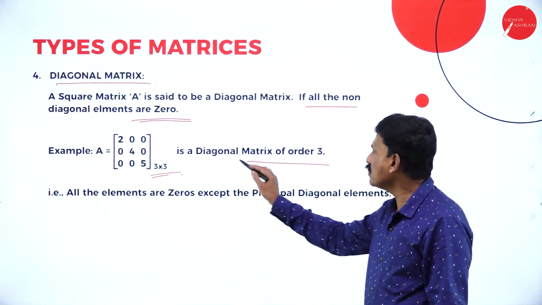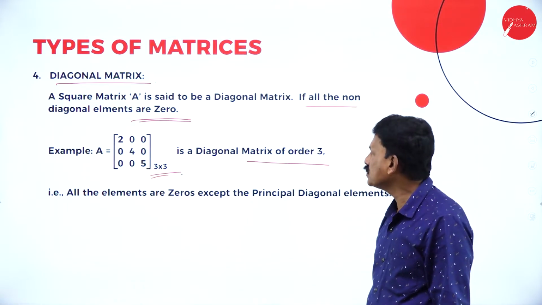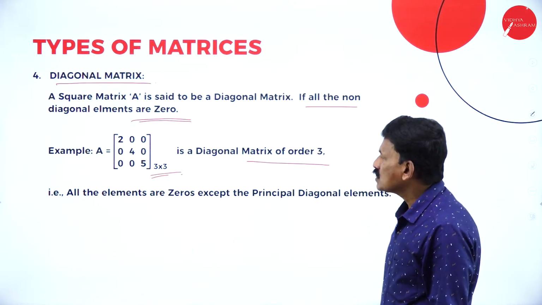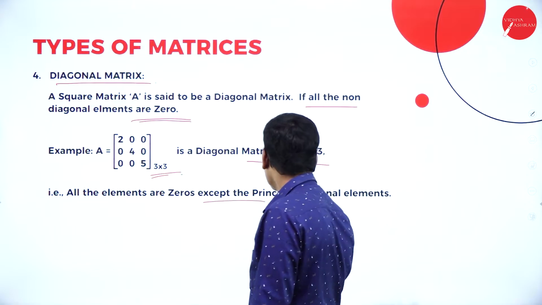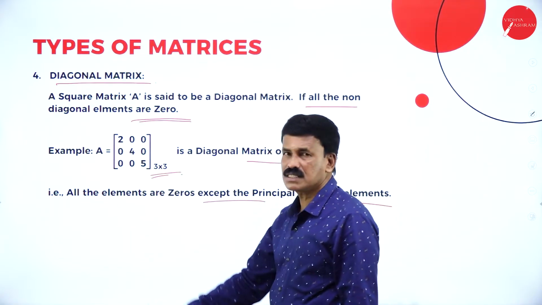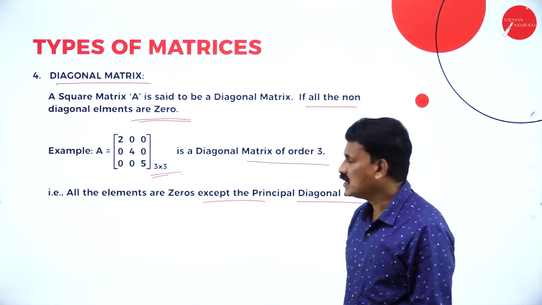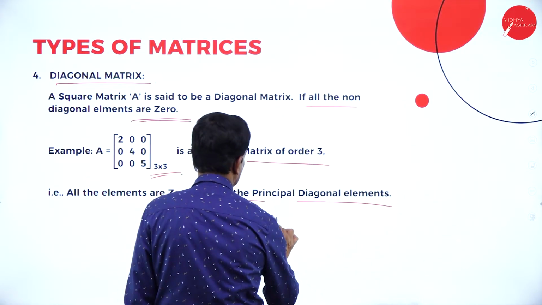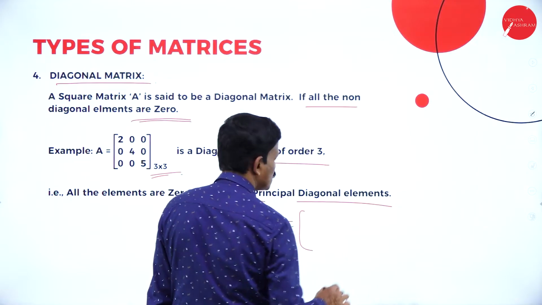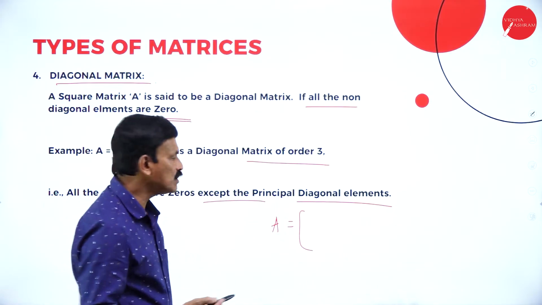So this is an example of a diagonal matrix of order 3 rows and 3 columns. All the elements are zeros except the principal diagonal elements, then it is called a diagonal matrix. Let us take one more example. It is a square matrix in which all the non-diagonal elements are 0.